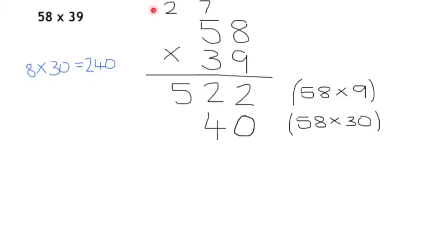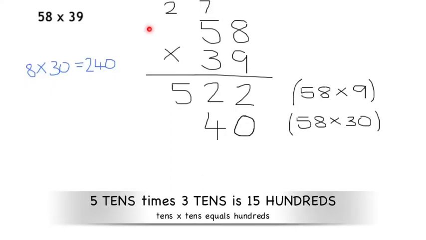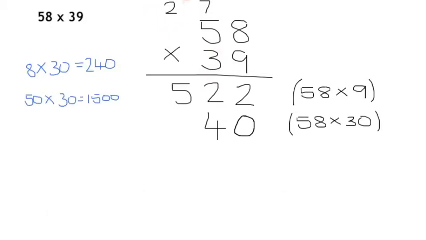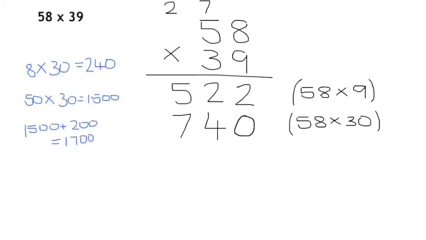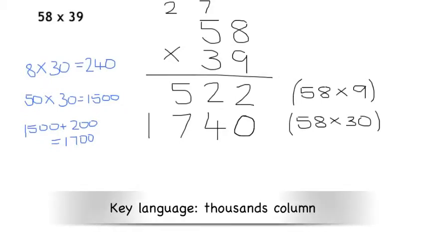I write a small 2 in the hundreds column. 5 tens times 3 tens is 15 hundreds, plus the 2 hundreds that have been carried over equals 17 hundreds. I write the 7 in the hundreds column and 1 in the thousands column.